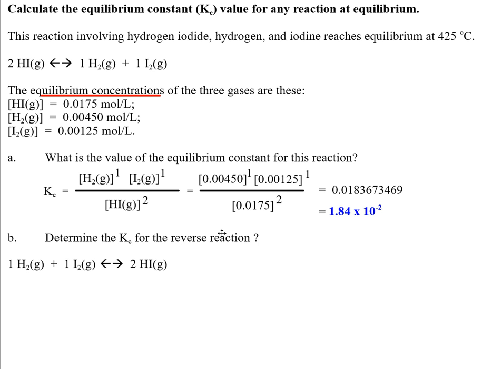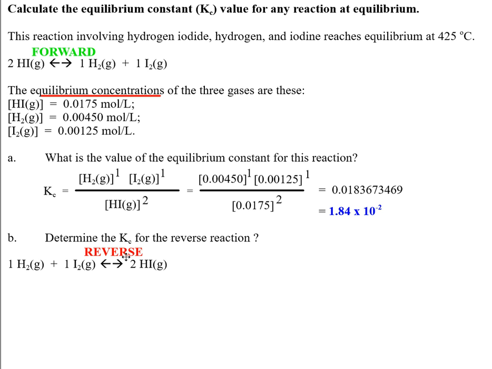Determine the Kc value for the reverse reaction. Make a note that we have a forward reaction above here, and now we have the reverse reaction, which means that I will have different products and different reactants. They will be in the reverse. Notice that now hydrogen iodide is a product, whereas hydrogen and iodine are reactants.